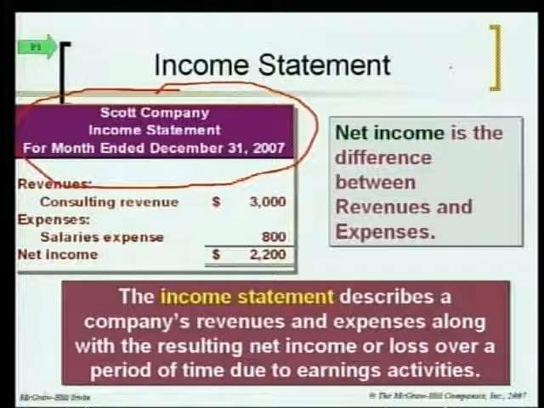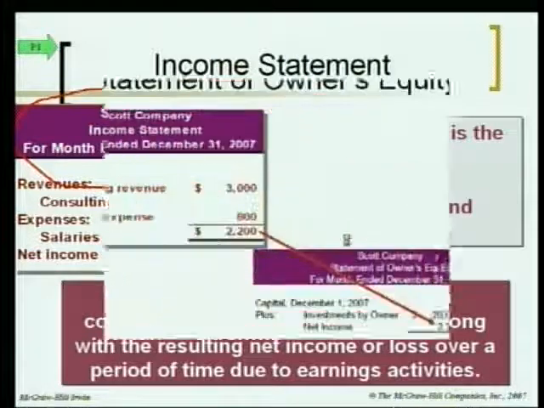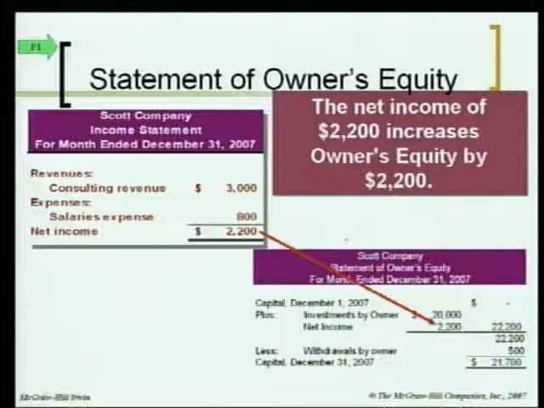What is our resulting net income? It's $2,200, correct? Okay, $2,200. Now, what's the next financial statement we're going to prepare? The statement of equity. And there is the statement of equity. It might be too small for you to see. You might have to look at your PowerPoint handouts.